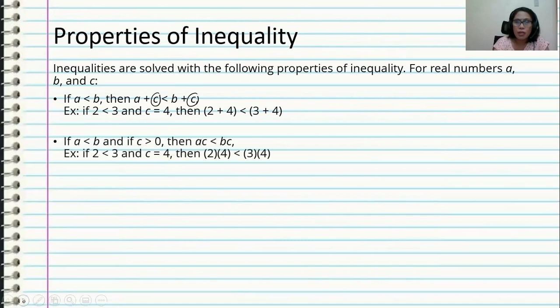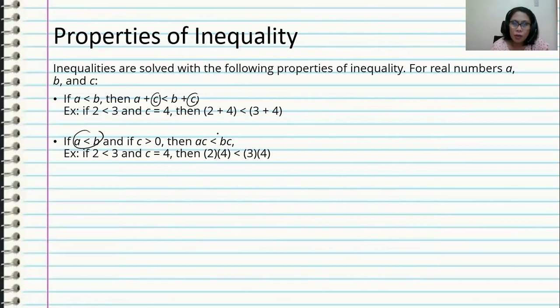If a is less than b and c is greater than 0, then a times c is less than b times c. From the original inequality here, a is less than b, and then c is greater than 0, meaning c here is a positive number.